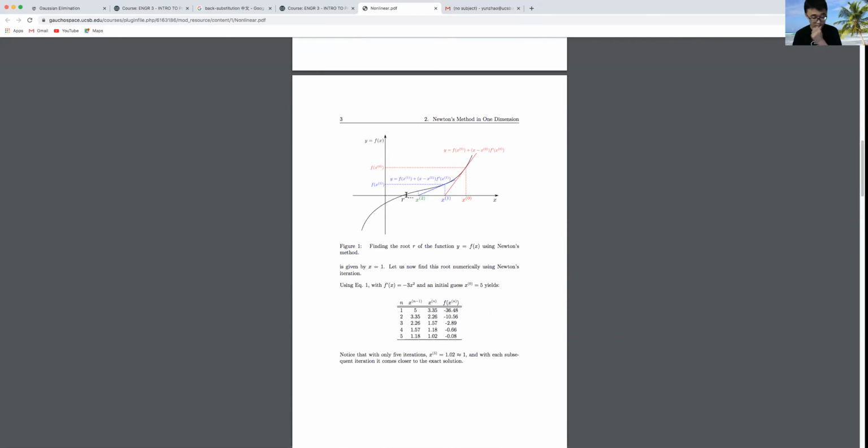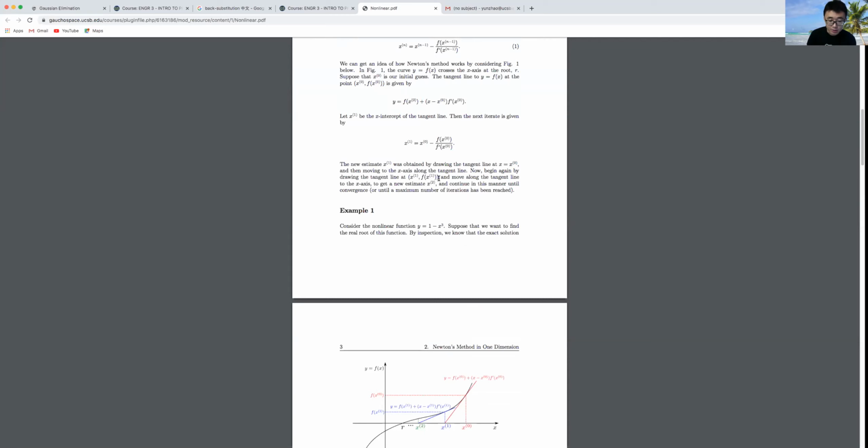It makes total sense, because in reality our function is already an approximation of our system, so we don't need to be that concise. Everything has some errors. So if we set a small tolerance, then we can believe we already found the solution. This is the basic idea of Newton's method.